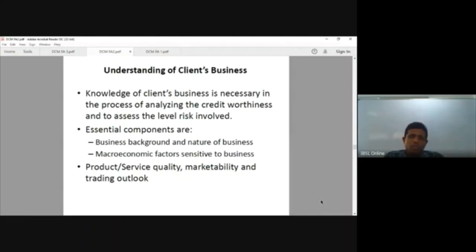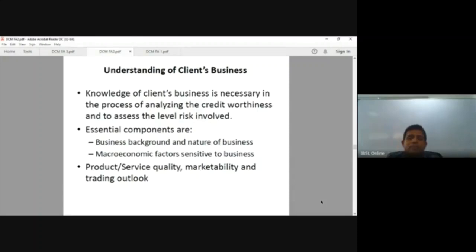If you don't know about the coconut estate business, then a proper credit analysis cannot be done with the intention of providing information to a higher authority. Therefore, point number one, essential components are business background and nature of business.